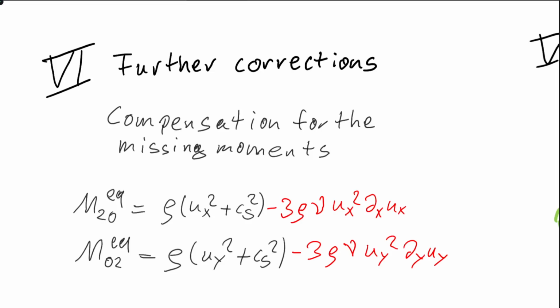So what we can do, and I only give you a rough overview, is that you can modify the equilibrium of the second order moments by adding some terms like these that are related to the viscosity and the velocity square and the gradient in velocity.